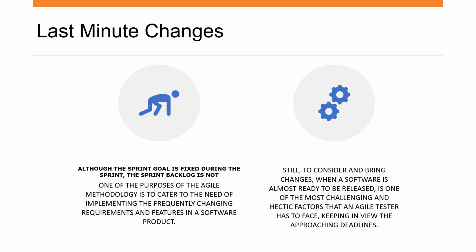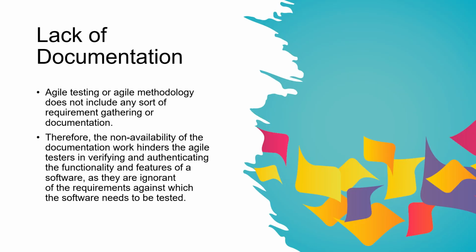Like I said earlier, changes may come at the last stage or in the last few days of the sprint end. So that is a big challenge, an active factor that an agile tester has to face, keeping in view the approaching deadline.